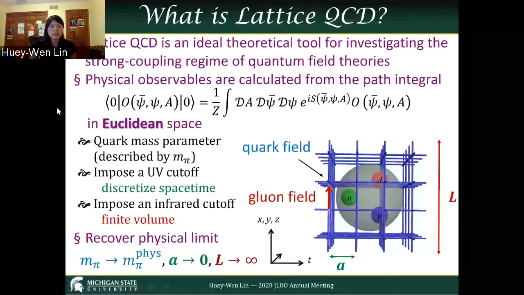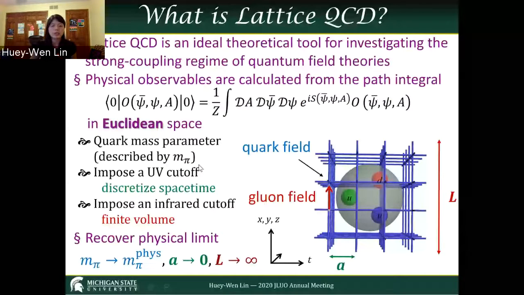Instead of doing this in Minkowski space, we do this in Euclidean space so that we can put the problem on the computer and numerically evaluate it. As in the continuum theory, we also have quark mass parameters as a dependence. In real life, you fix that to a specific number, but in lattice QCD you can actually vary that quantity because it's part of the variables of the fermion action.